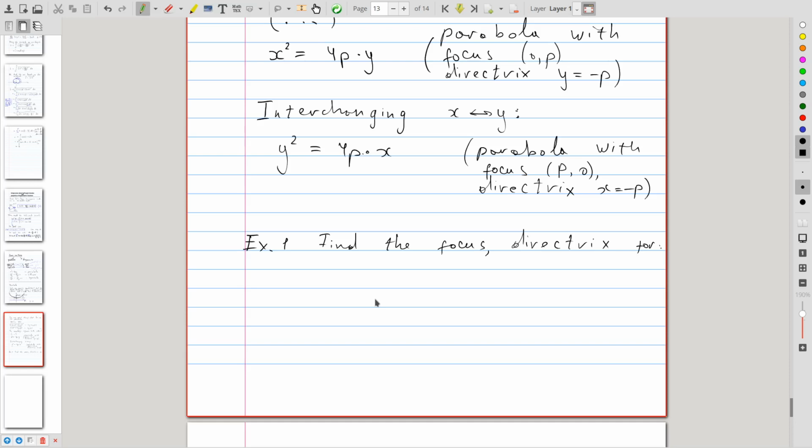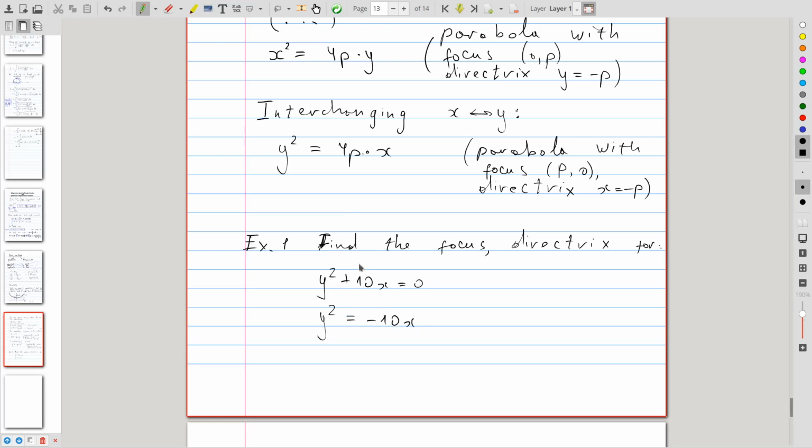So for example, this question here asks to find the geometric properties, focus and directrix, given the analytic equation. And so the equation we have here is y squared plus 10x equals 0, which we're going to rewrite as y squared equals minus 10x.